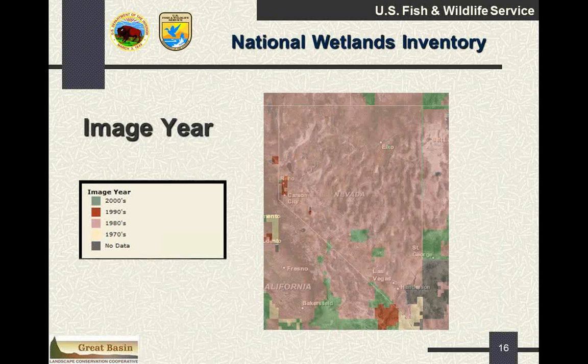So just to go through the data that's available in Nevada now, most of the data is from the mid-'80s, as you can see from this diagram. There's very few areas that have more current data.